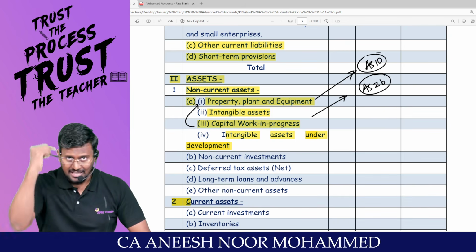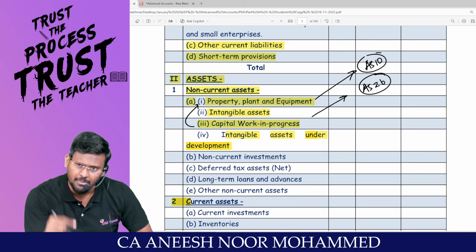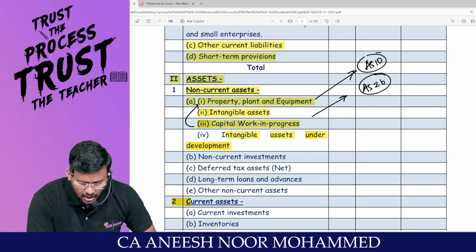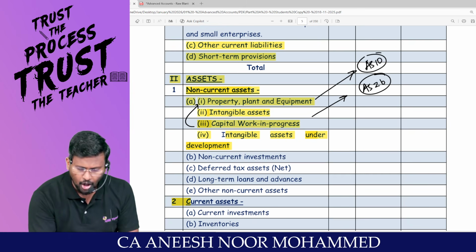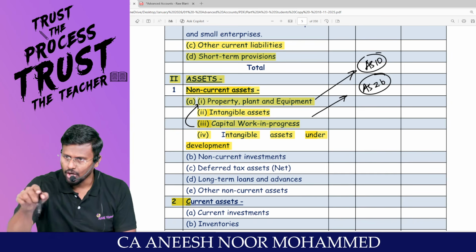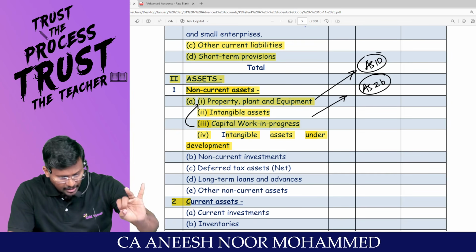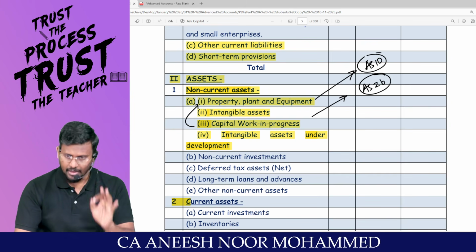That means tangible asset under construction, intangible asset under development. That's it, game over. 1, 2, 3, 4. It's not A, B, C, D. Under A, all the non-current assets I should show: PPE, intangible assets, capital WIP, intangible assets under development. Right?